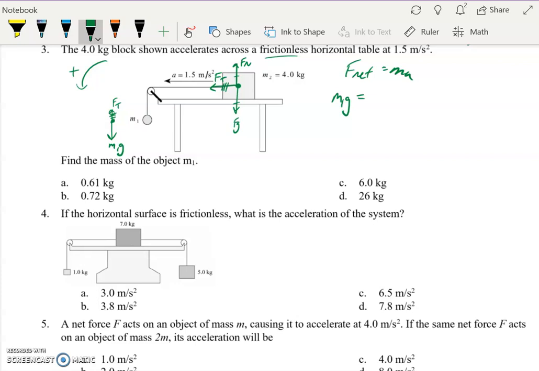You still have to combine their masses though, so you still have M1 plus M2 times A. Now we know M2, we just don't know M1, so you still have M1 times 9.8 equals M1 plus 4 times 1.5. You distribute the 1.5, combine like terms, and M1 is 0.72 kilograms. Skipping the algebra.